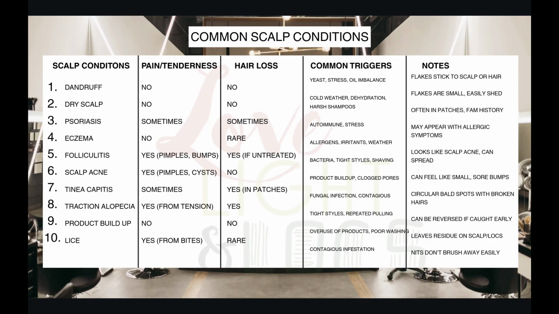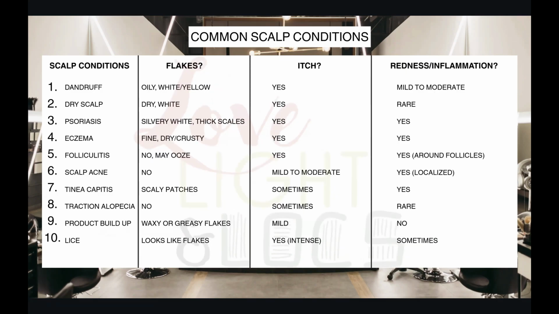Next up, we have tinea capitis, which is ringworm. Tinea capitis, also known as ringworm, appears in scaly patches on the scalp. Not quite flakes. Sometimes there may be an associated itch.